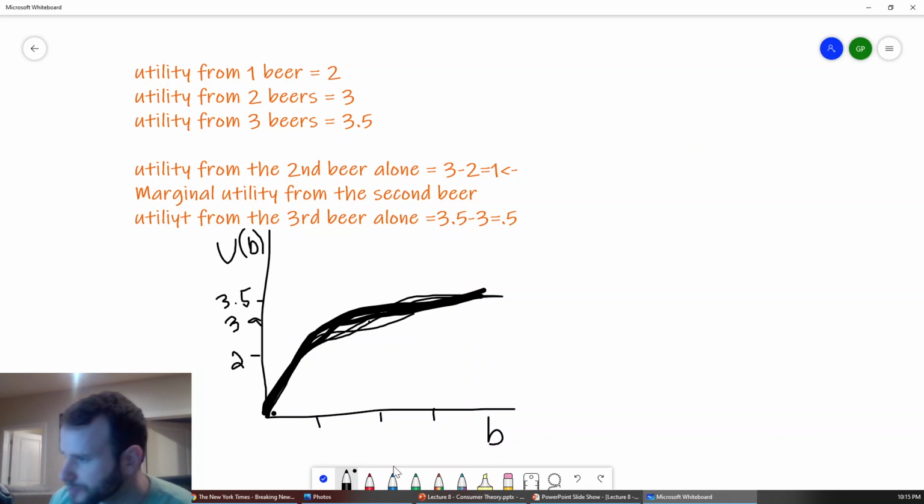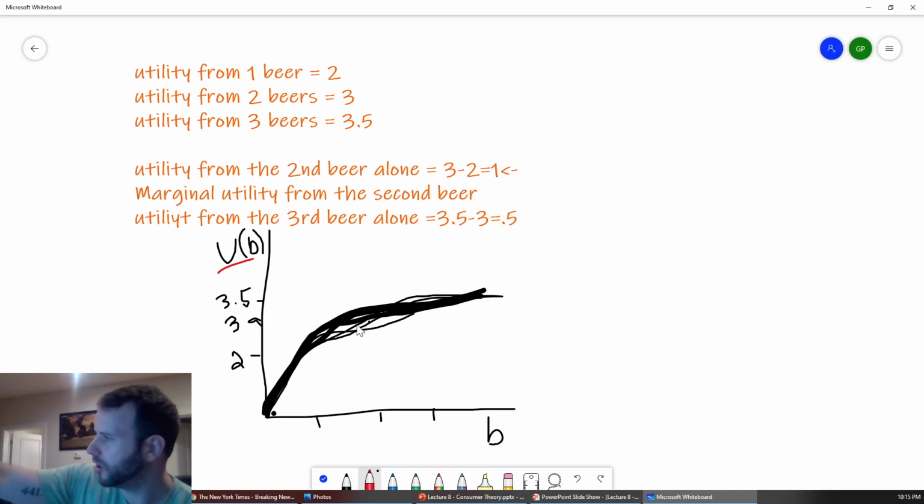And if I were to take the total utility, you can see that it's increasing. Utility, the y-axis, is going to be increasing for all beers, right? Even though the curve kind of starts flattening, the total utility is still increasing. The slope is always going to be positive, but the marginal utility is going to be decreasing.